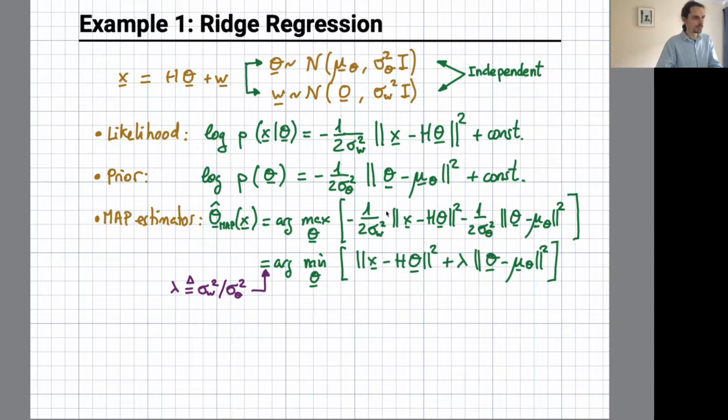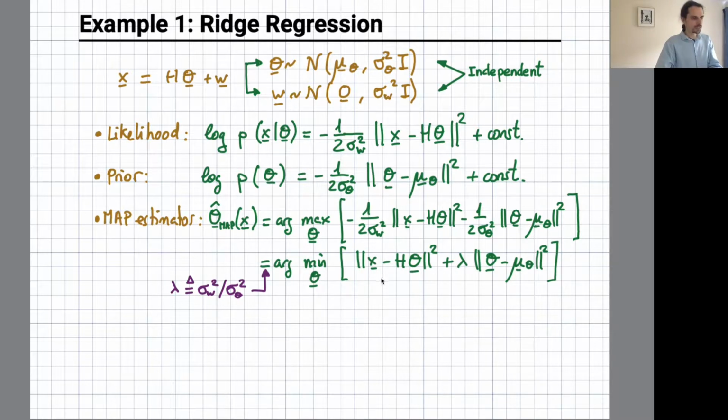And therefore the coefficient that multiplies the first norm becomes 1, and the coefficient that multiplies this second square norm is plus 2 sigma w square divided by 2 sigma theta square, right? Which is sigma w square divided by sigma theta square. And this is precisely what we called lambda here. And we need to change the maximization to a minimization, because the number that we use to multiply the objective function is negative, right?